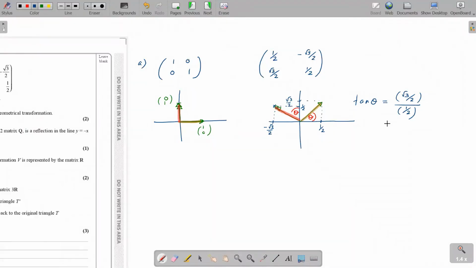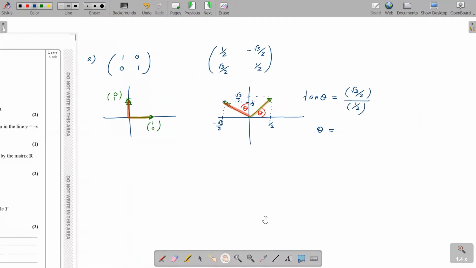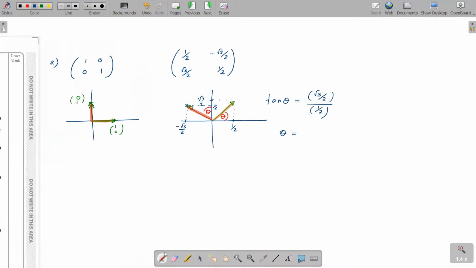So tan inverse. You could give your answer in degrees or in radians, it's fine. How much is it in degrees? Basically this is root 3 over 2 times 2 over 1, so the 2 and 2 cancel. It's basically root 3. By now you should know tan inverse of root 3 is 60 degrees.